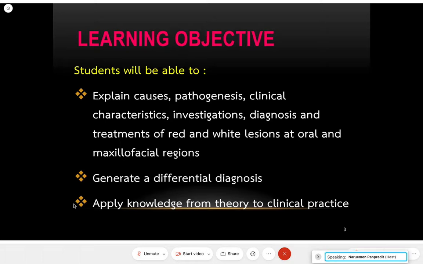And for sure, because many lesions have a similar character, the generation of the differential diagnosis is also important. And finally, when you have a chance to start your clinic experience, I hope you apply this knowledge from the theory to the clinical practice.